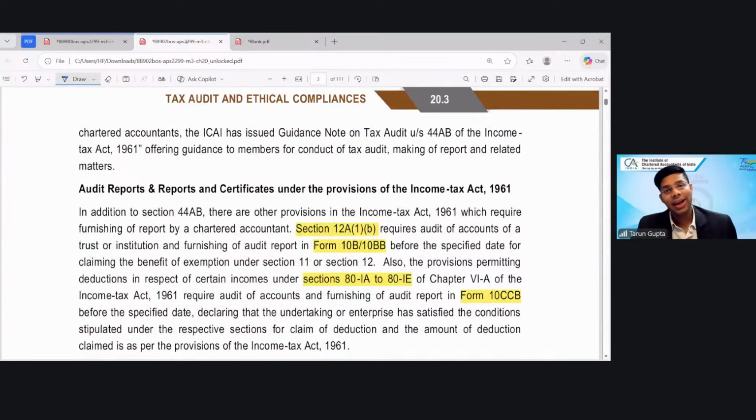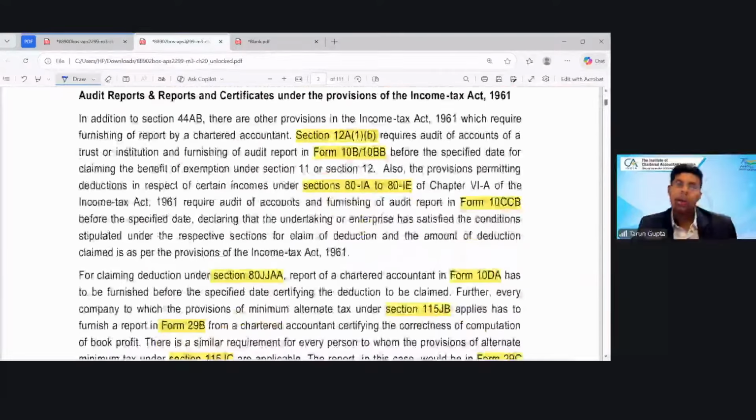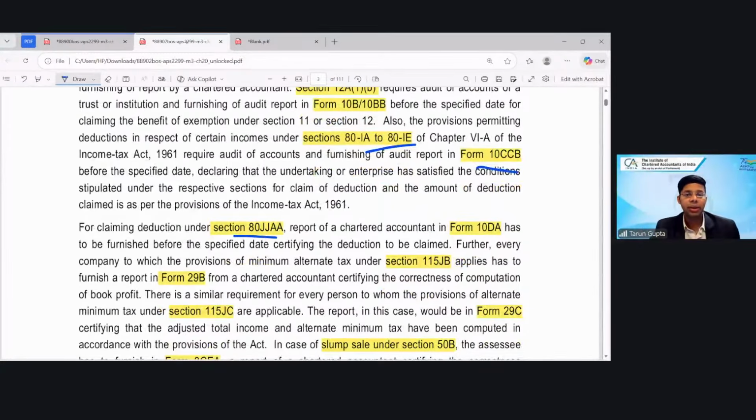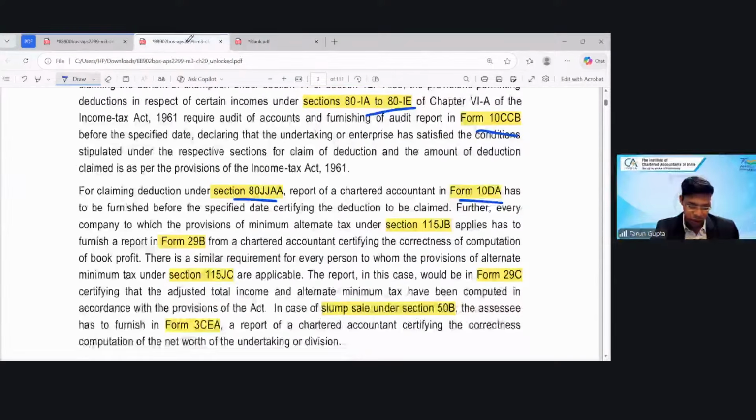Under Section 12A, I give an audit report in Form 10BB or 10B. Any assessee claiming a deduction under Sections 80IA to 80IE will require Form 10CCB from a chartered accountant. An assessee claiming deduction under Section 80JJAA is required to furnish a Form 10DA certificate from the chartered accountant that the deduction has been rightly computed.